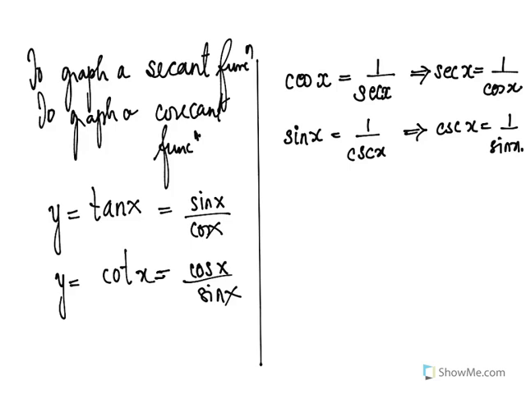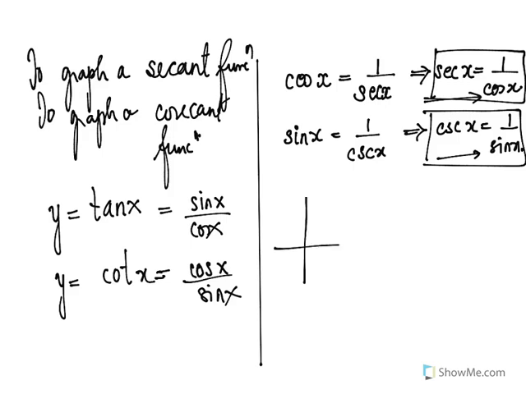So what we have here is a rational function for cosecant and secant. Now, to graph a secant or a cosecant function, it would be easier for us if we approach the graph using the cosine or the sine graph, because we are already aware of the sine and the cosine graph.